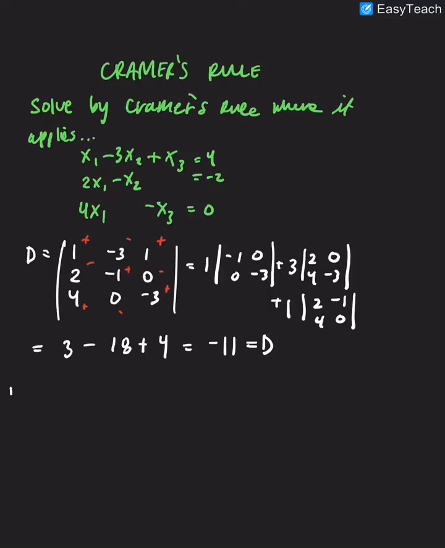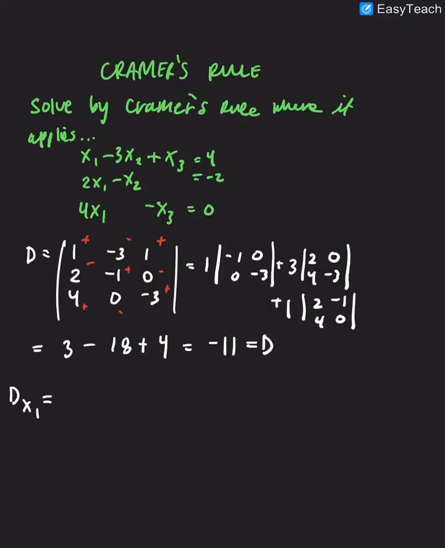And then we're going to find this dx1, and the dx1 is basically my notation. So what we're going to do is include our constants. So here we have the 4, -2, and 0. We're going to include those into our matrix by replacing each column. So for this instance, we'll do it 1, 2, 3 times.